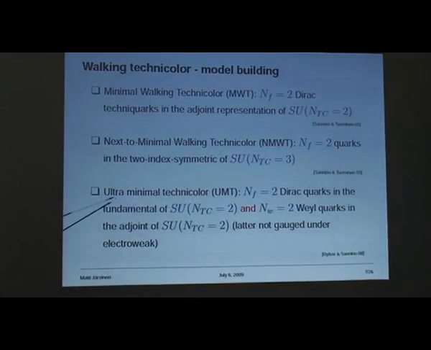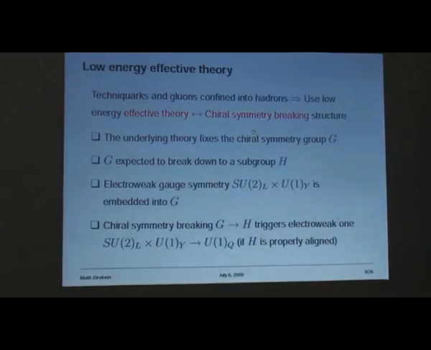And then there is some more complicated model, which I will also discuss a bit if I have time, where you take techniquarks in two different representations. Then I will quite briefly try to discuss the low energy construction of the effective field theory for these kinds of models. Well, this is in general.